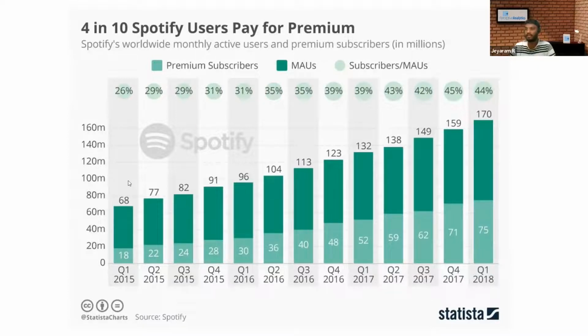There is a strong trend from 2.6 out of 10, close to 3, in Q1 2015 to 4.4, which you can assume is 4.5, so 5 customers out of 10 subscribing in Q1 2018. Unfortunately, I was not able to get the data for recent years, 2021, 2022. If this trend works, it would have crossed close to 60% by now.